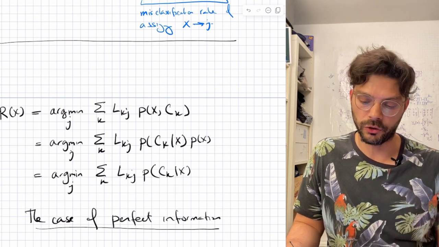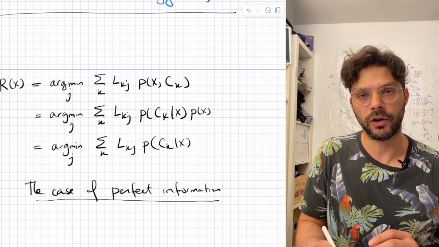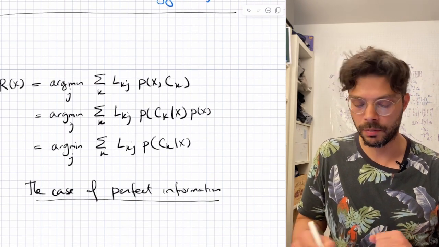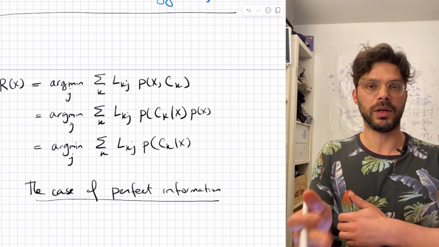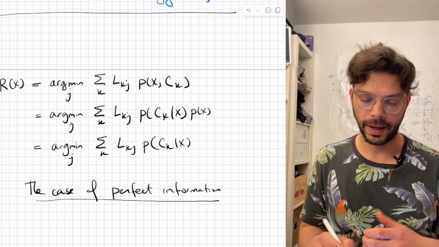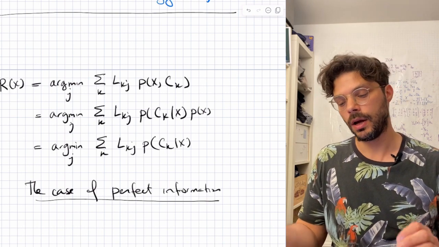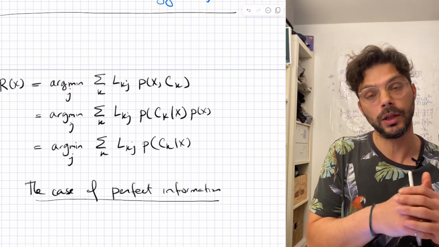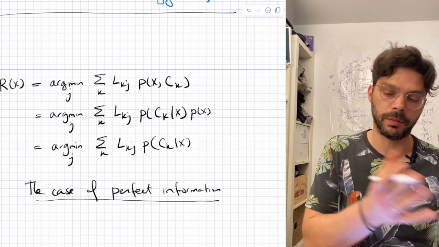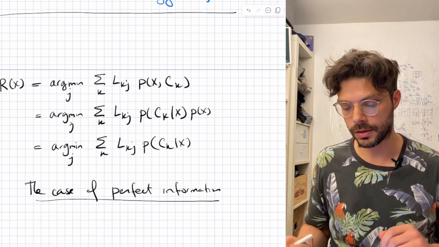So we can just drop the p of x and work instead in terms of these posterior probabilities. That's what he mentions at the end of the chapter, that the rule is the same. You assign j to the class which has the lowest expected loss under the posterior probability of the true class.